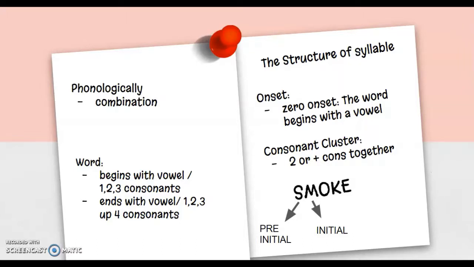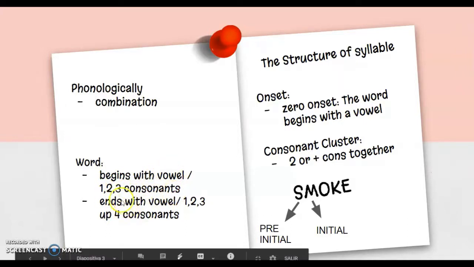So no word begins with more than 3 consonants, but we can say that a word can begin with 1 vowel or 1, 2, or 3 consonants. And it can end with a vowel or 1, 2, 3, up to 4 consonants, and then we will see how we can have a word finishing with 4 consonants.